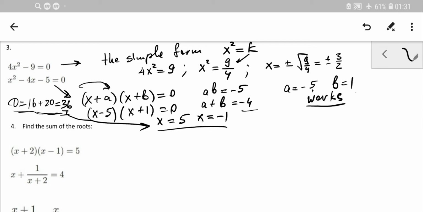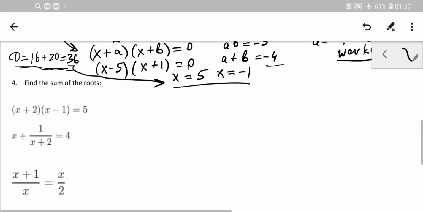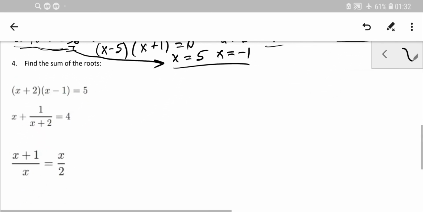It's up to you. You can do it in different ways. You can start from factorizing and try to pick numbers, but because I can easily calculate the discriminant, I check it first and it takes a second actually. All right, so let's move next.